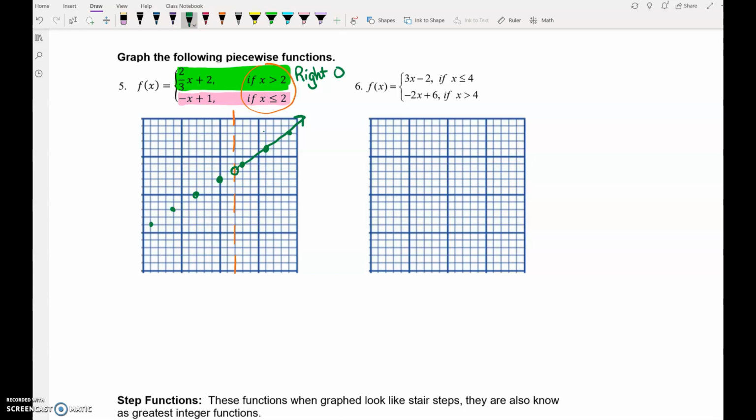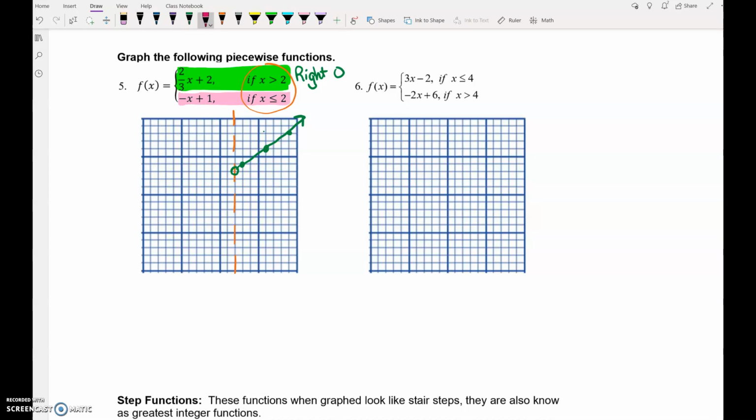This is indicating that the green function is used to the right of that orange line, but not exactly on the orange line. And then we're going to treat this kind of like a rough draft. I'm going to erase the points on the left side because I don't want the green function on the left side. I want the green function on the right side.